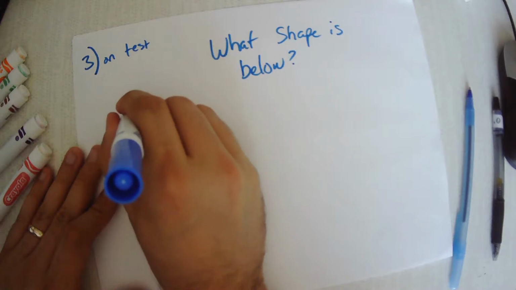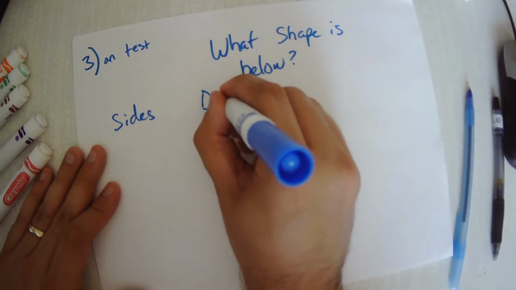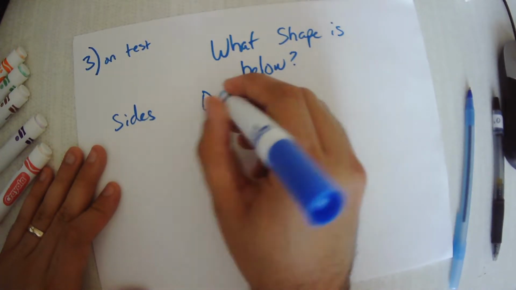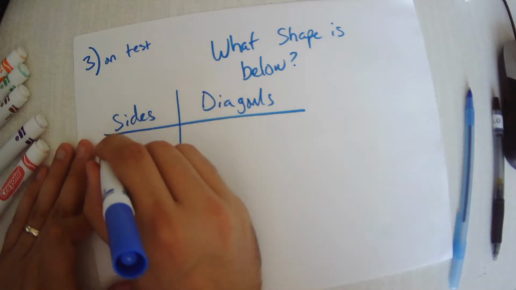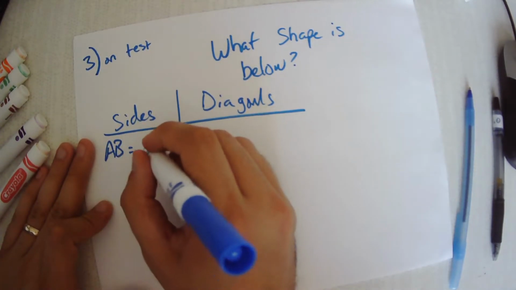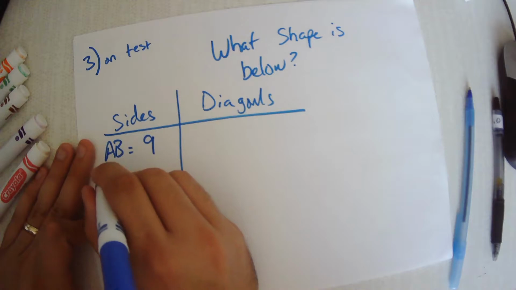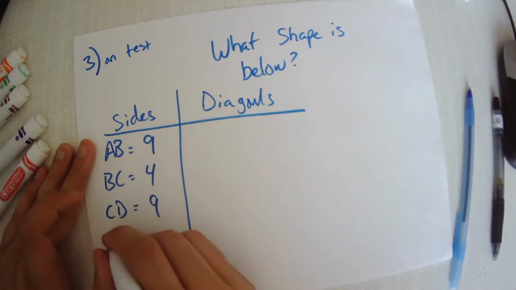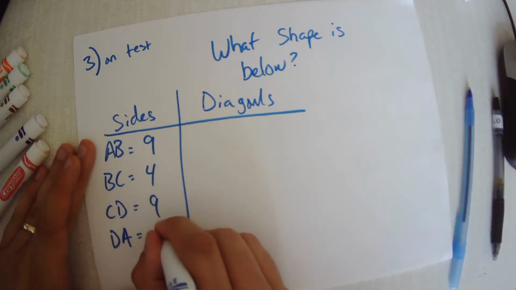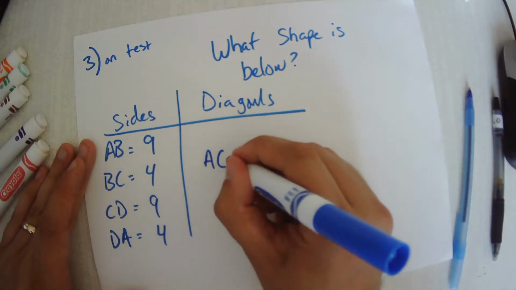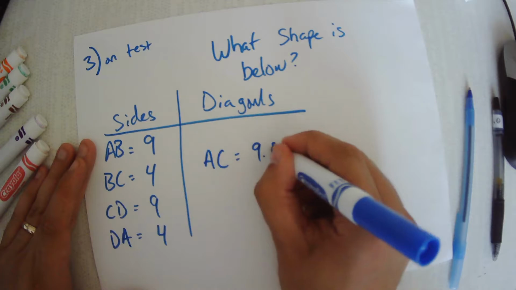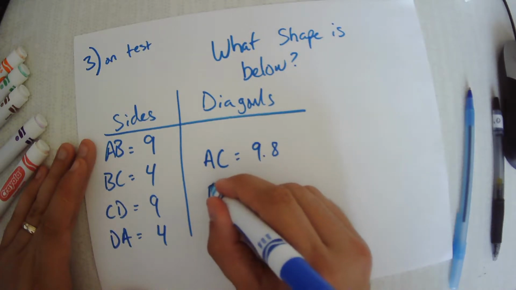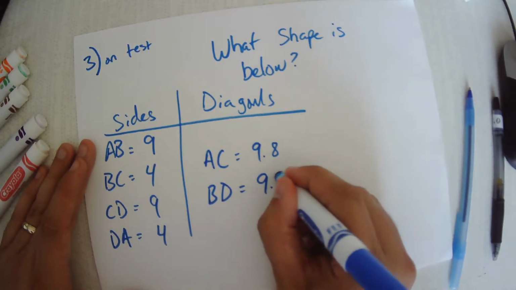We have the side lengths and the diagonals. The sides: AB is 9, BC is 4, CD is 9, and DA is 4. We have AC is 9.8, and BD is 9.8.